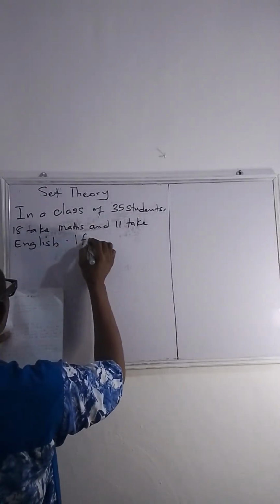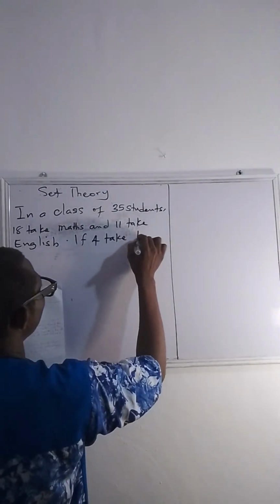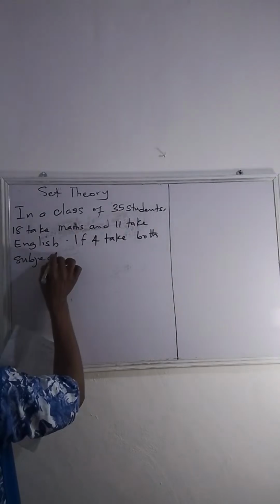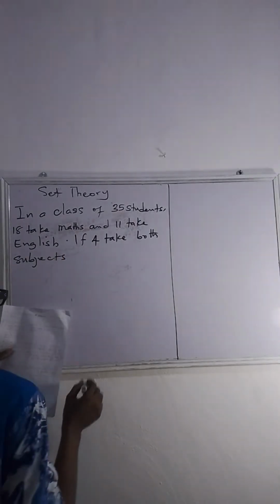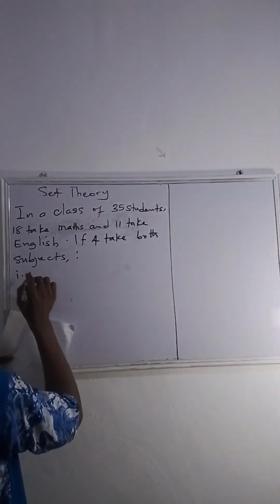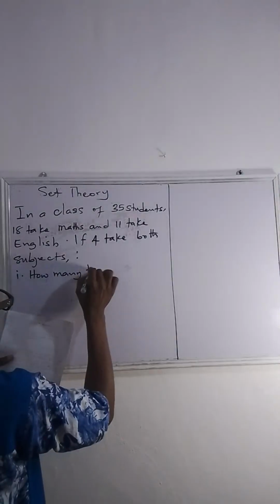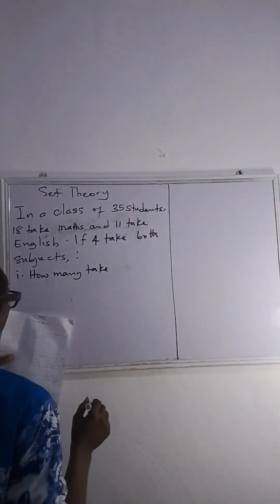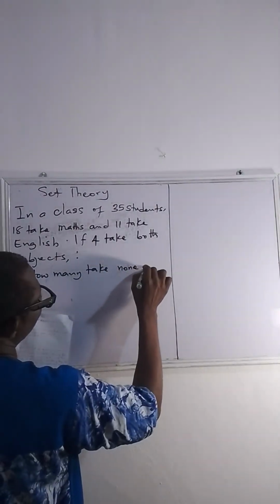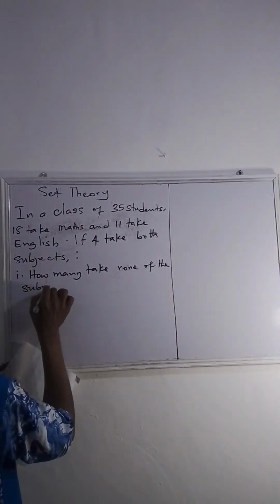If four take both subjects, okay, now how many take none of the subjects?